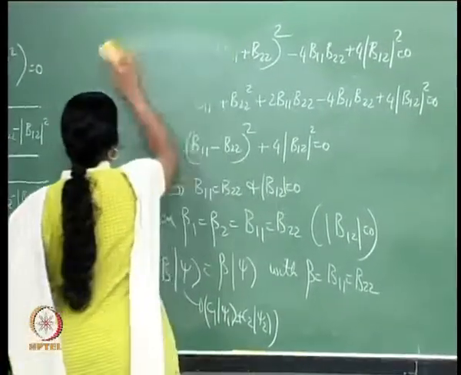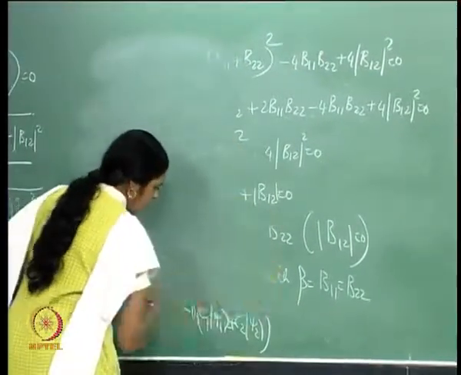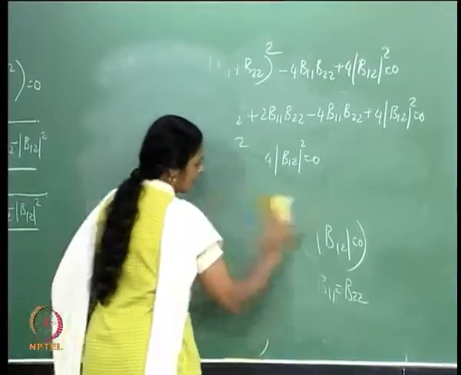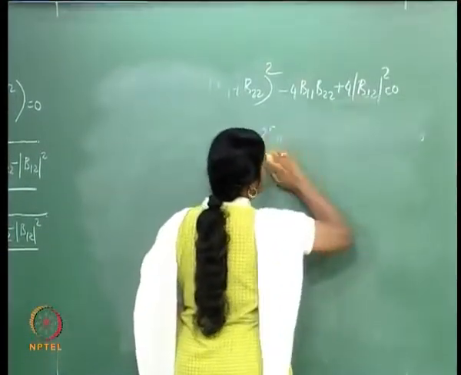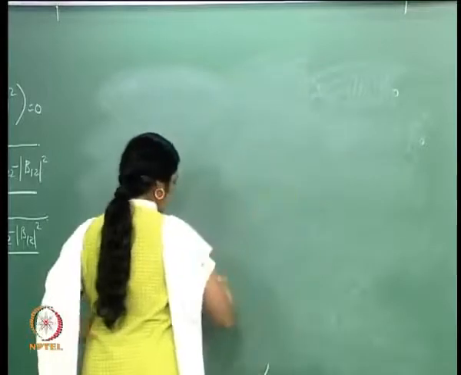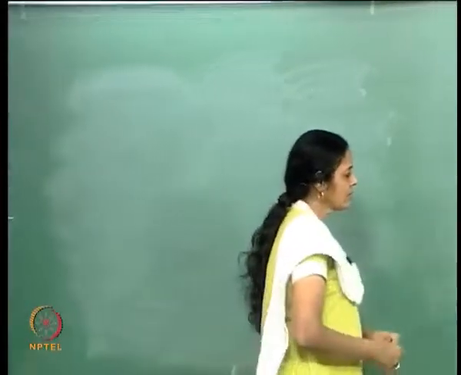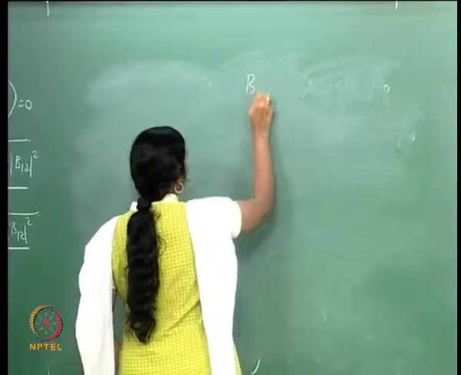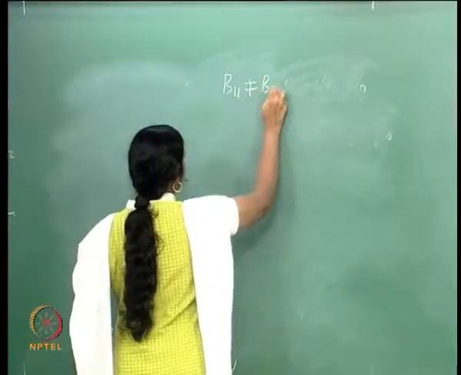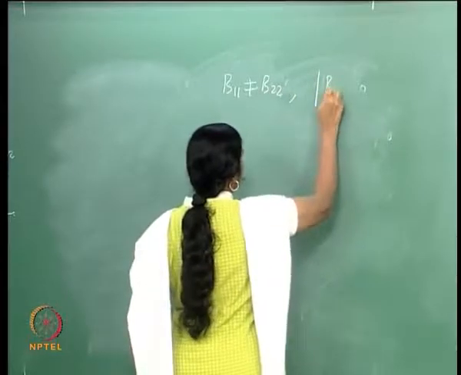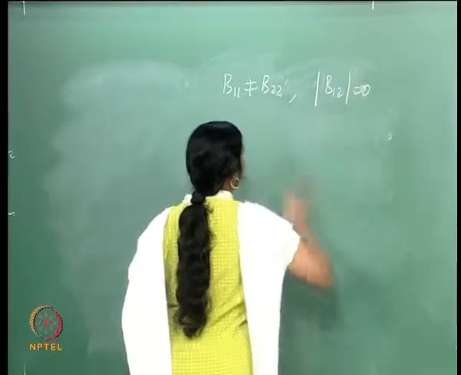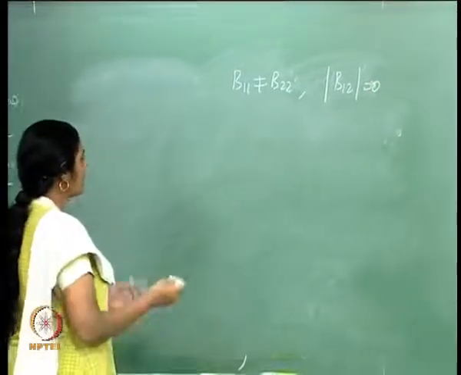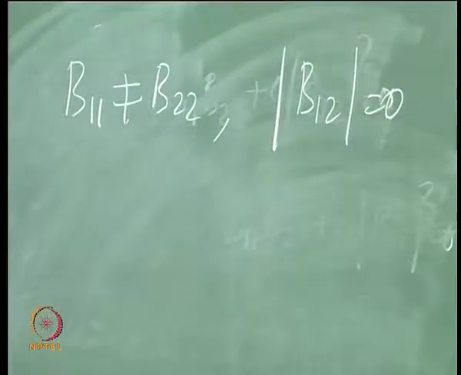So let us look at this situation. So let us look at the first situation, B11 not equal to B22, B12 equal to 0. So that is the situation that I intend considering now.